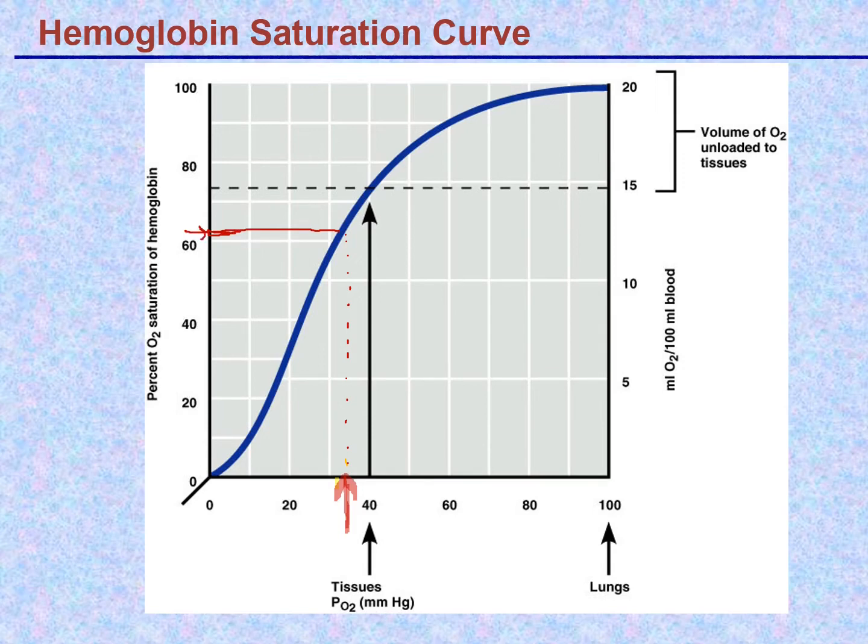So you get a lot more oxygen being dumped, even with a small change, if you're on the steep part of the curve, and that's good. So if tissue has lower PO2, then more of the oxygen in the hemoglobin will get released. Exactly what you want. You want to deliver more oxygen to the tissues.